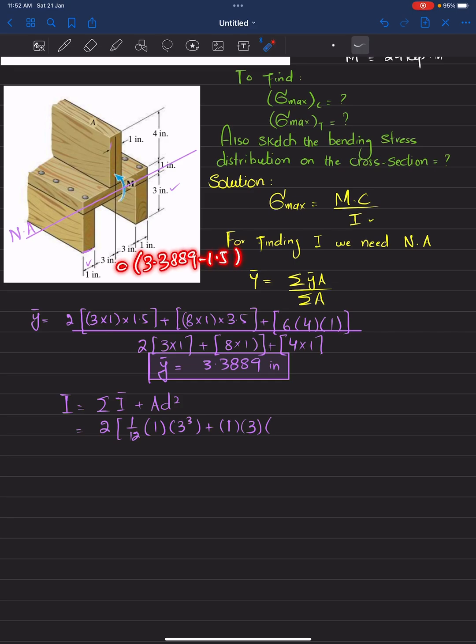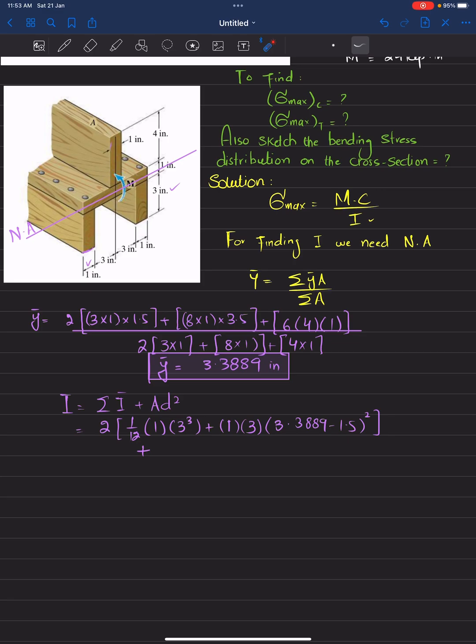So we will write 3.3889 minus 1.5, squared, plus the moment of inertia of this body. Its breadth is 8 and height is 1.